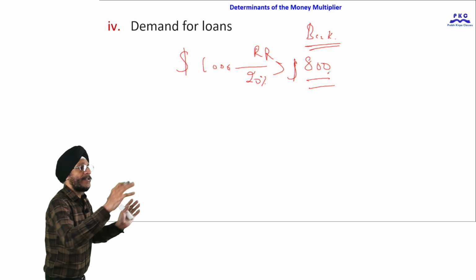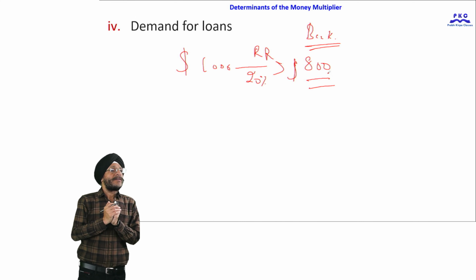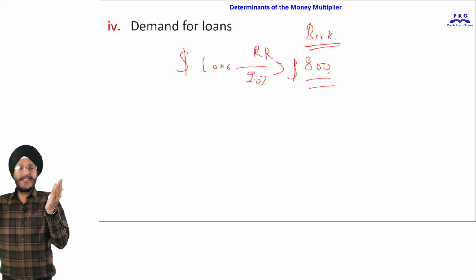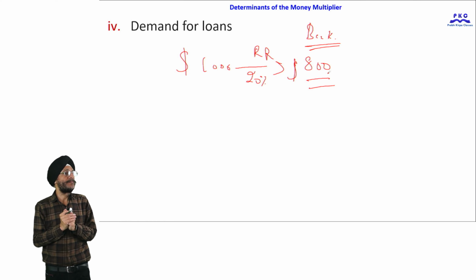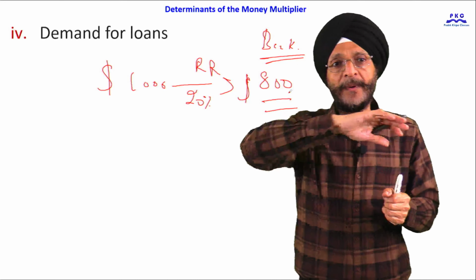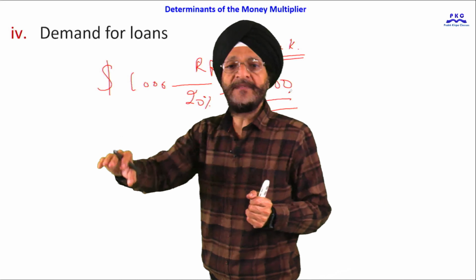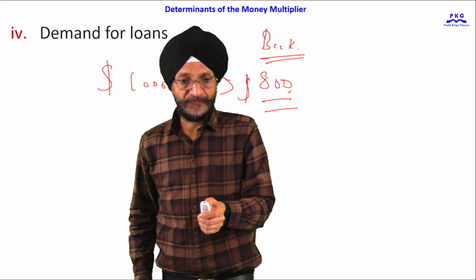But if the market conditions are such that the borrowers, that is the individuals or the businessmen, are not coming forward to avail the loan, then it will adversely affect the money multiplier, because the money supply in the market will decrease, because when the persons do not come to avail loan, the excess reserves will lie with the bank without being utilized as loans.